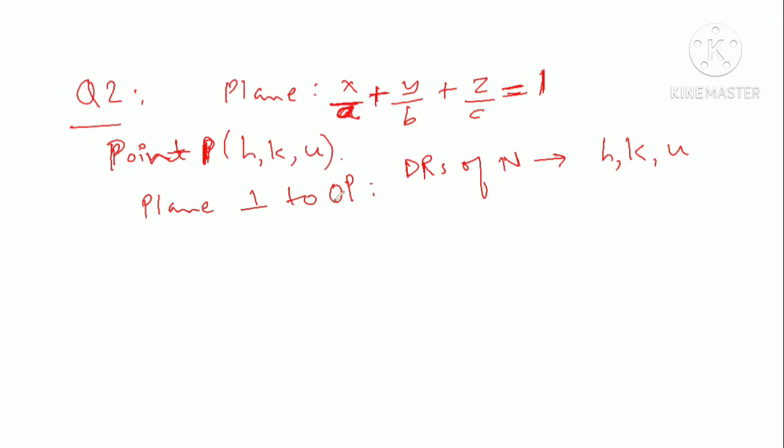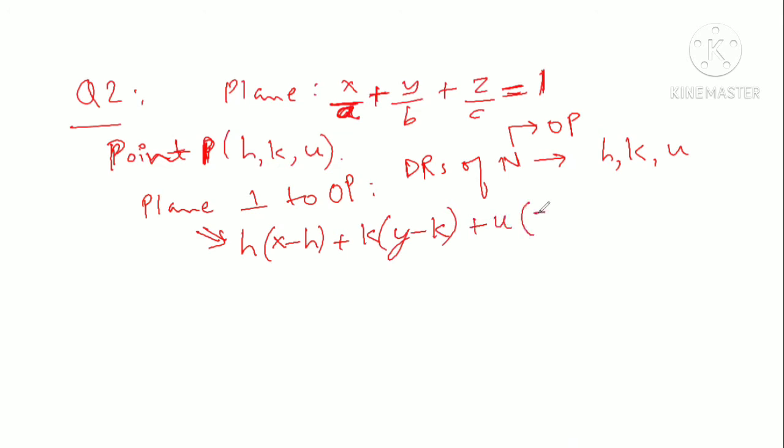The direction ratios of the normal to this plane will be h, k and u, because the normal is nothing but OP only. So the direction ratios of the normal, which is OP, are h, k, and u. So we can write the equation of the plane in this case, and the plane is passing through P. So the equation of this plane will be h into x minus h plus k into y minus k plus u into z minus u is equal to 0.